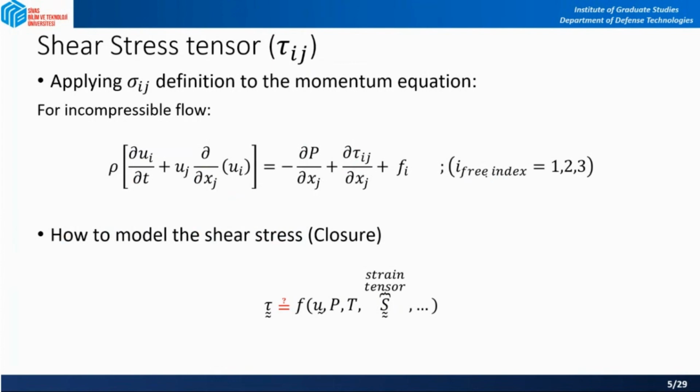Now we have pressure in here, which is more or less the normal stress acting on the fluid element, and the shear effect is due to the viscosity and the tau. Of course, these are very low-level explanations. So what is shear? Why do we have shear? We may not have shear.